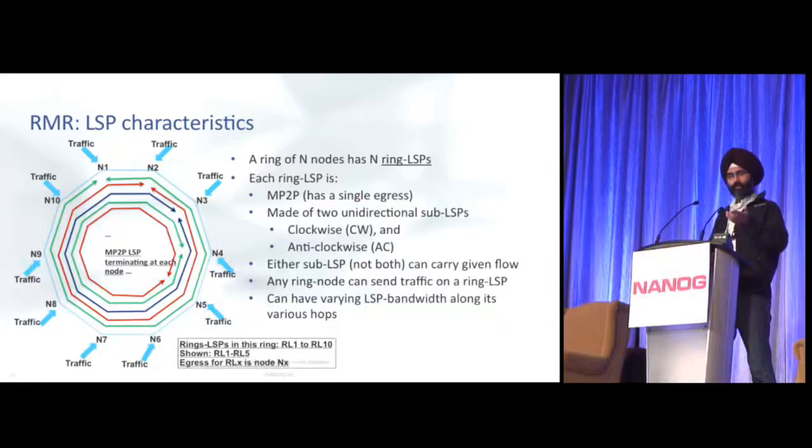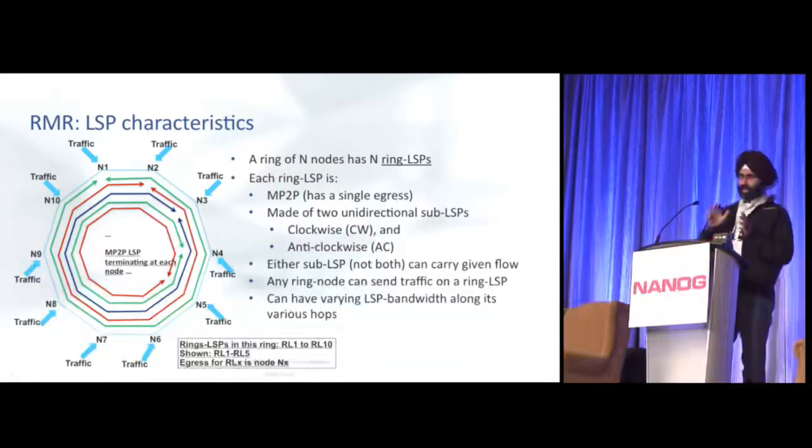So let's consider the green ring LSP, which has the node N1 as the egress. Since this LSP is a multi-point to point LSP, any of the other 9 nodes can send traffic to N1 by putting it on this green ring LSP. So what does that mean?